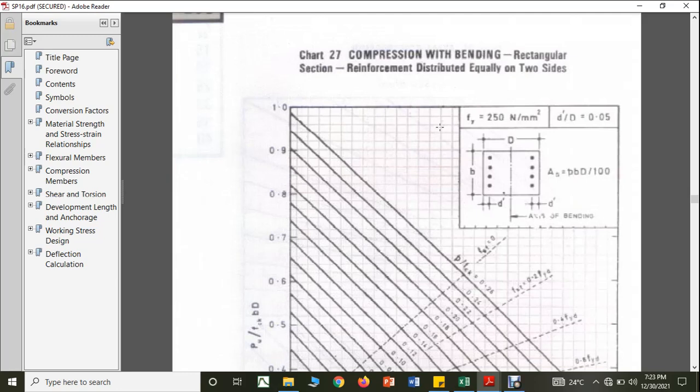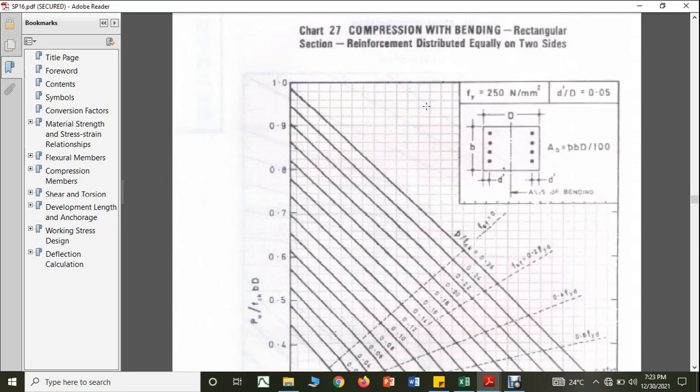Now your charts will be selected based on different criteria. The first criteria is whether you are using the rectangular column or the circular column. The charts for the rectangular column are different, the charts for the circular column are different.